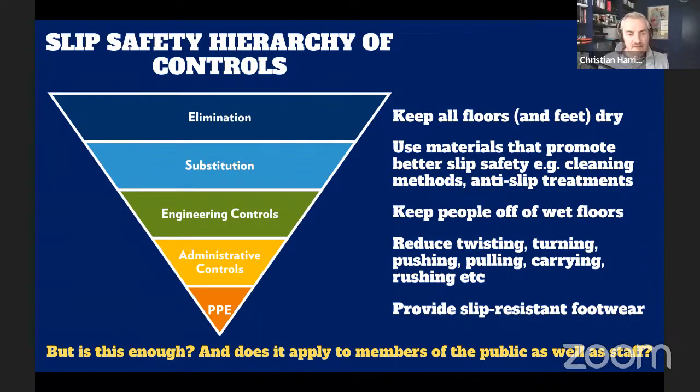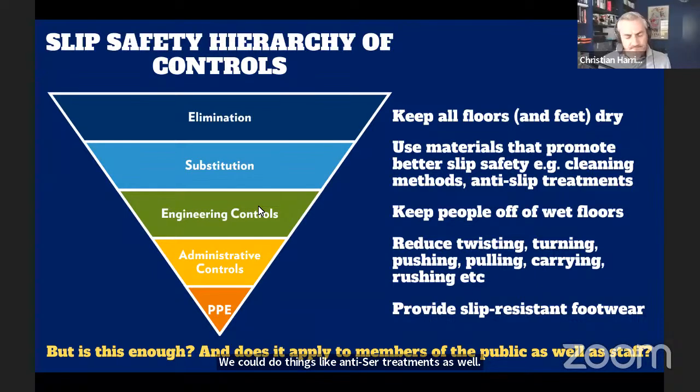So if we want to eliminate the risk of a slip, then you would look at keeping floors and feet that are stepping onto floors dry. Simple as that. If they're dry, free of contamination, then they won't be slippery. Substitution, we could think about using materials that promote better slip safety. For example, there are products you can use to clean floors that make floors less slippery and are less slippery in use. We could do things like anti-slip treatments as well.